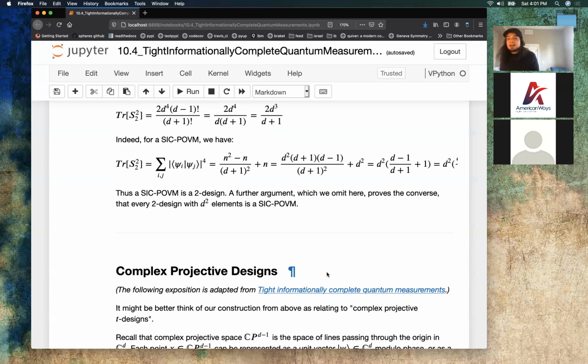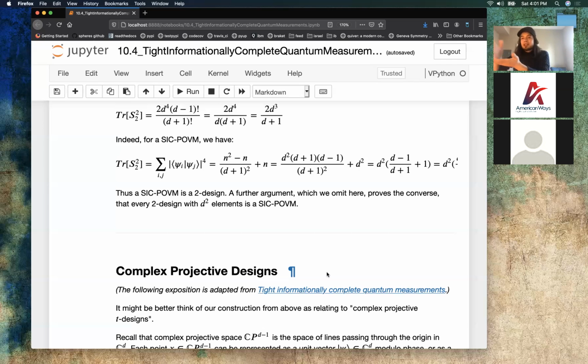And then we have the idea of a POVM, positive operator value measure, a generalized quantum measurement that can be thought of as a set of Hermitian positive semi-definite operators that sum to the identity. Or concretely, you have a quantum system and an auxiliary system, you entangle them, and then you measure the auxiliary system.